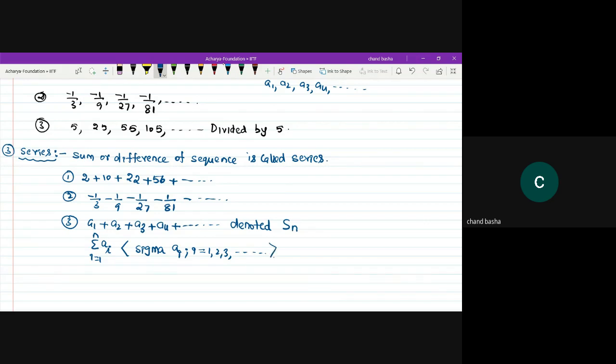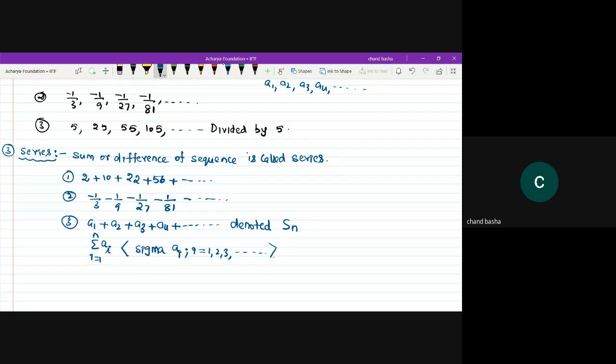So here, what we define, guys, is A suffix I. Put I is equal to 1, you will get A1. What is meant by this sigma? Sigma can be taken as the sum of the given numbers, the summation. First, I is equal to 1, A1; next I is equal to 2, A2; I is equal to 3, A3.